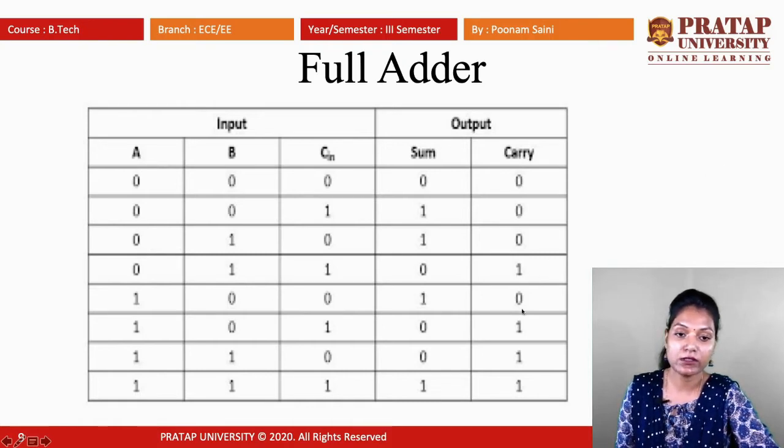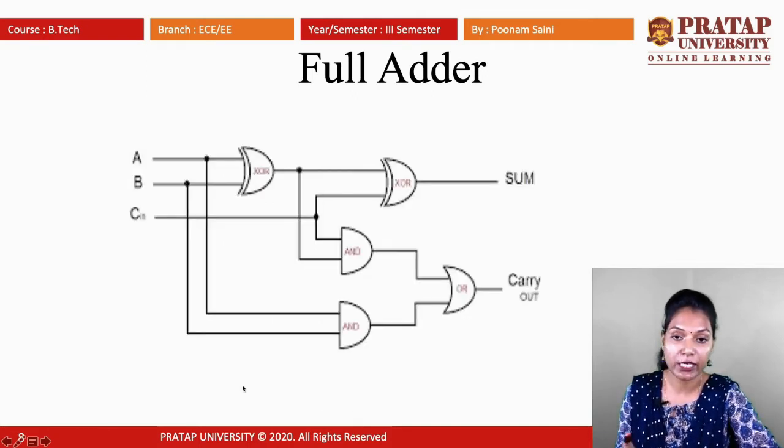In carry, these 4 positions will be high. So A bar B C, then A B bar C, next is A B C bar, and the fourth one is A B C. So with the help of these two, first of all, for sum, A and B go through the XOR gate, and this output and C go to another XOR gate.